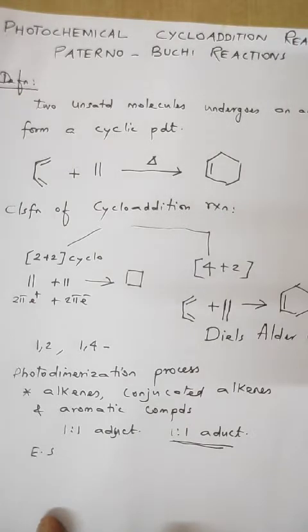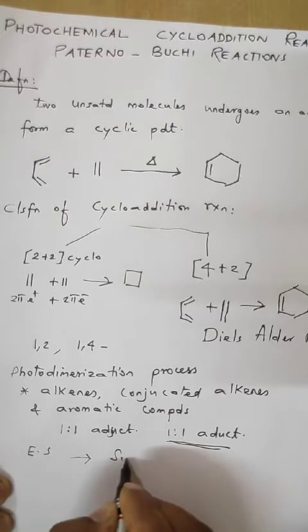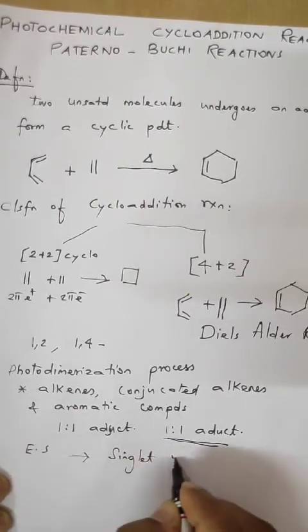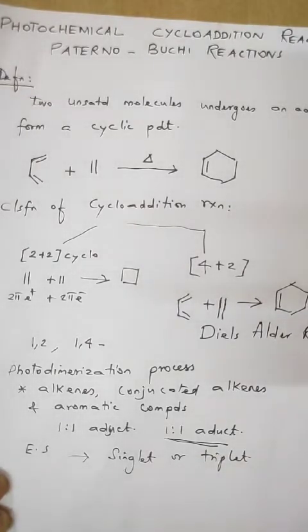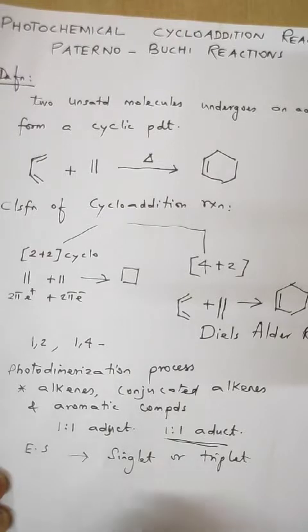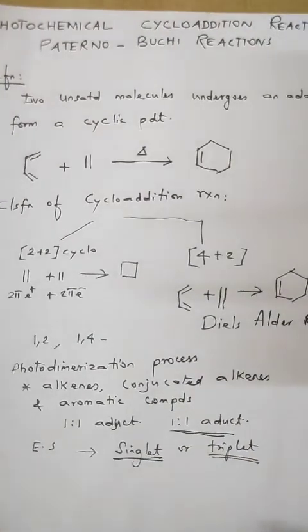The excited state of a molecule of a reactant may be a singlet or triplet, okay. The excited state of one molecule of a reactant may be in a singlet state or triplet state, depending on the structure of the reactant and the conditions of excitation.